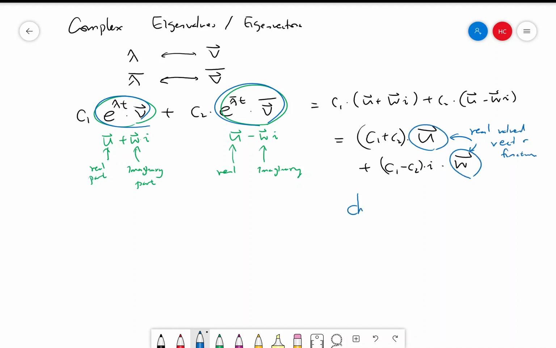So we can choose x1 to be u and x2 to be w for convenience, because these have no complex numbers in them. And u is the real part of e to the lambda t times v, and w is the imaginary part of e to the lambda t times v.